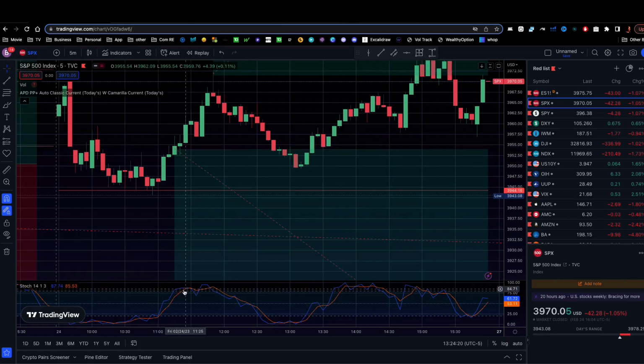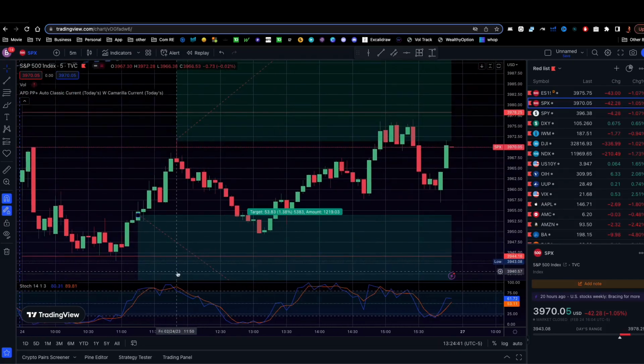So I have those two pieces of evidence. I have the price action telling me, I have the stochastics telling me, I have a reasonable basis to go ahead and place a put spread below this and expect the market to continue, at least for a little while, in the direction that it's going.